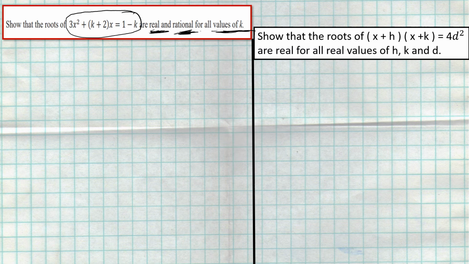What do you know when the roots are real? In other words, they want you to show that indeed delta is greater than or equal to 0.